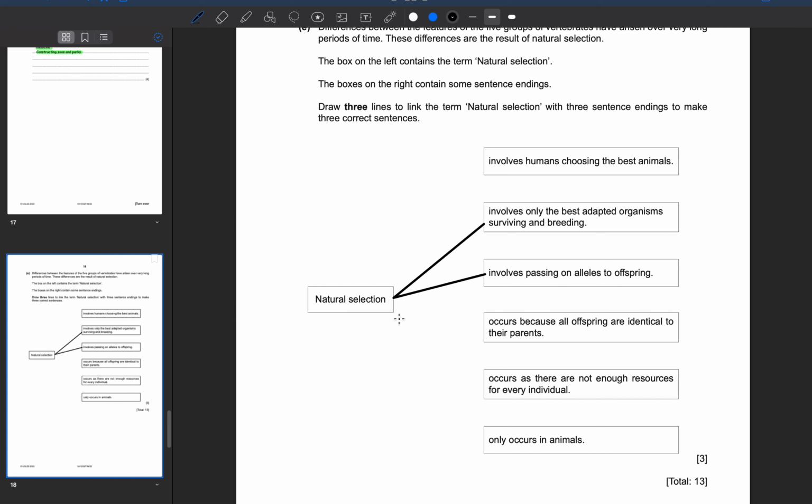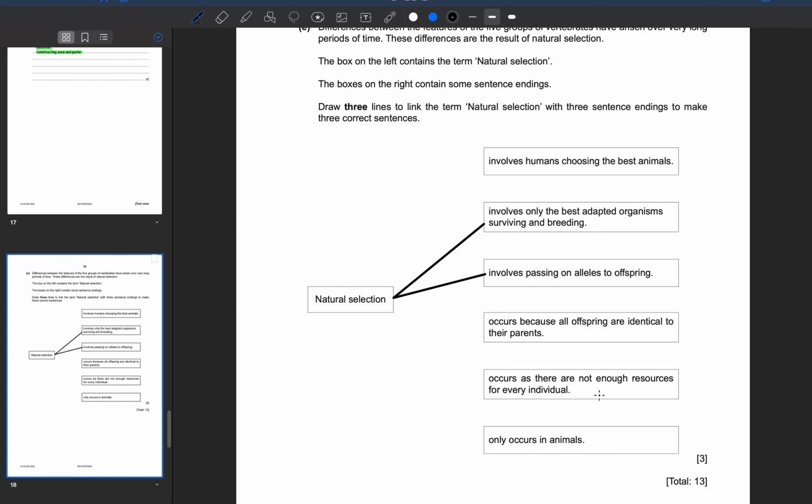Sometimes they reproduce sexually and they are not identical, but they pass on the alleles that help them to adapt and survive.